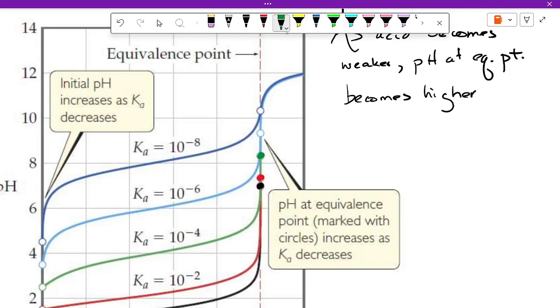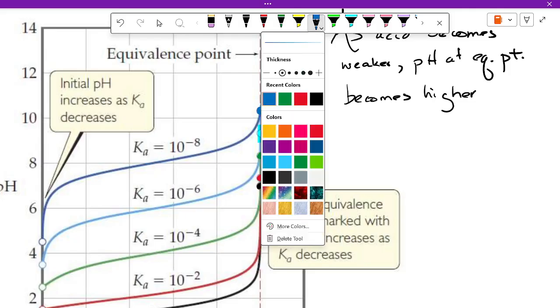So our Ka is getting smaller and smaller, and the pH is getting higher and higher. Yes? Okay. Other things that change as the acid becomes weaker, the initial pH increases.